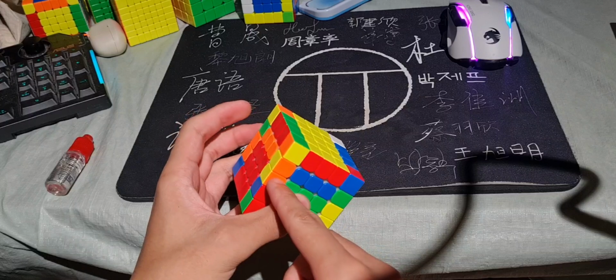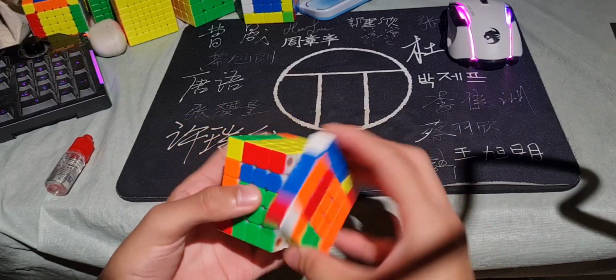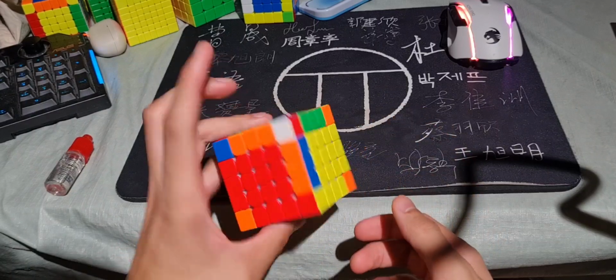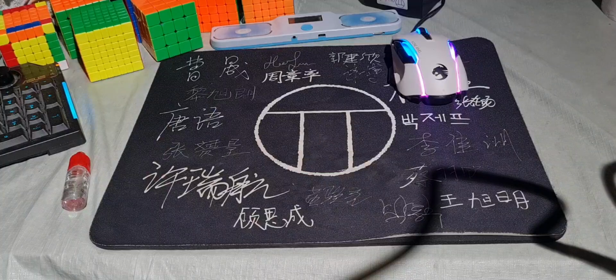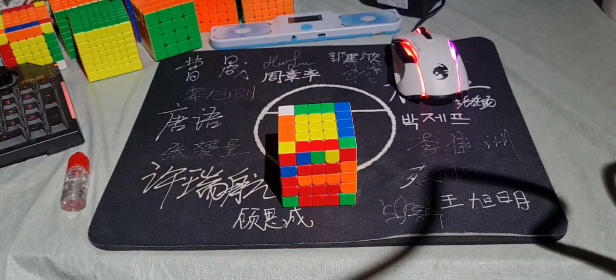What you do is do your Y2, then swap them like this, and slice back.